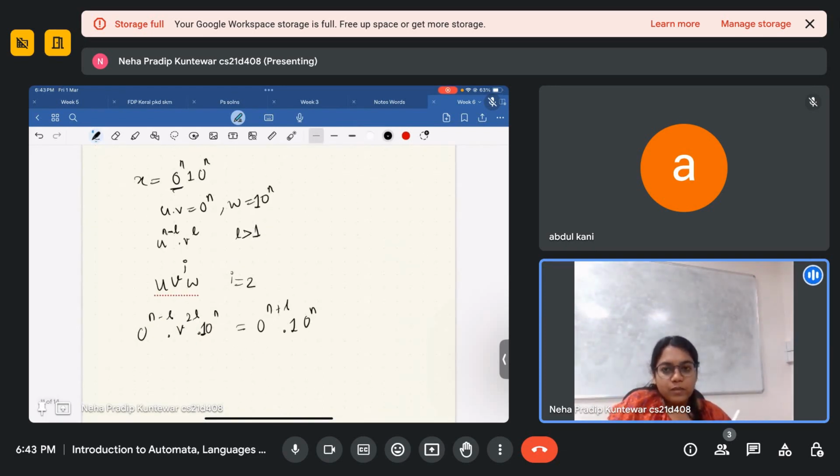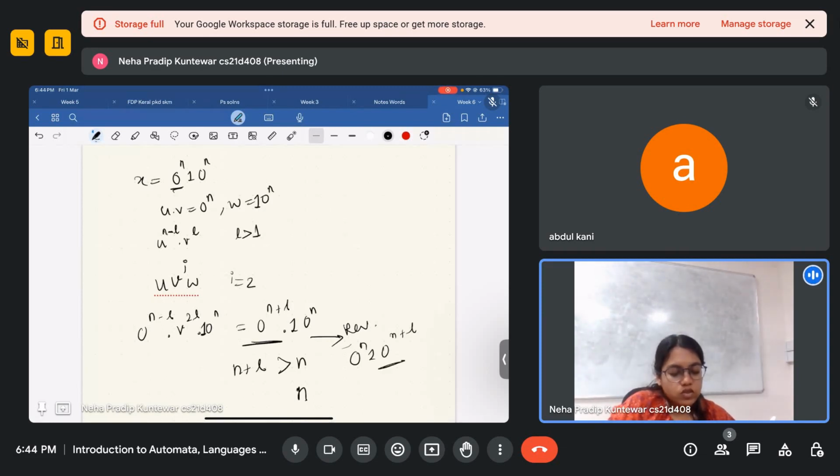If you look at the number of zeros on the left-hand side, there are n plus l, which is strictly greater than n many zeros. And to the right of 1, there are only n many zeros. So this is not matching, because if you take a reversal of this, it would be 0^n 1 0^(n+l), which is not the same as 0^(n+l) 1 0^n. So this is not a palindrome.